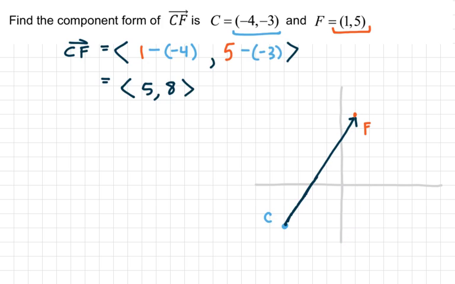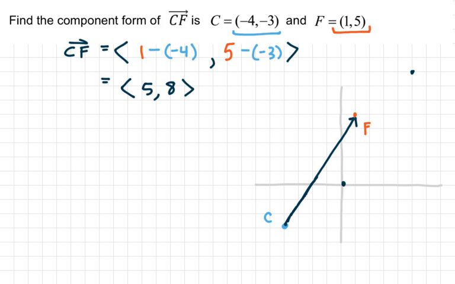8 vertically. Now, if we want to think about that as a position vector, that position vector would have the exact same length and magnitude. So if we start at the origin, 0, 0, and I travel to that point, 5, 8, I'm going to get a vector that is the exact same length and at the exact same angle, just in a different position. It's starting at a different spot. So we've got over 5, up 8, which takes me to right here.